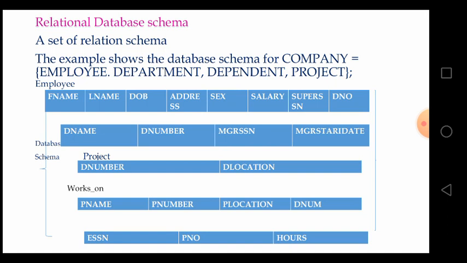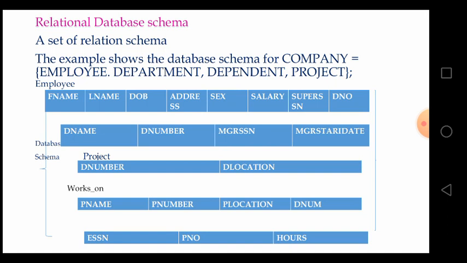The example shows the database schema for a company: employee, department, dependent, project. These are the relation names.